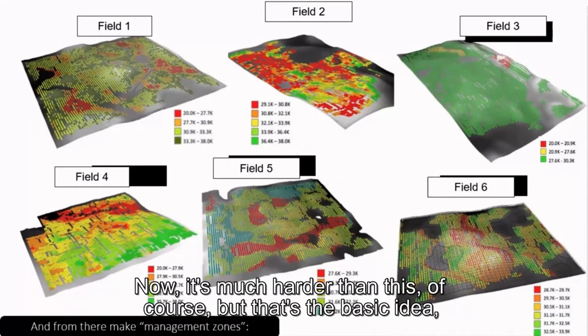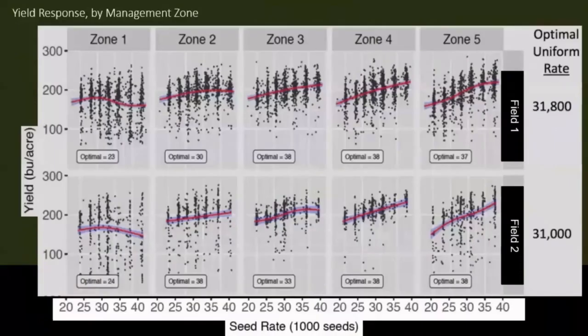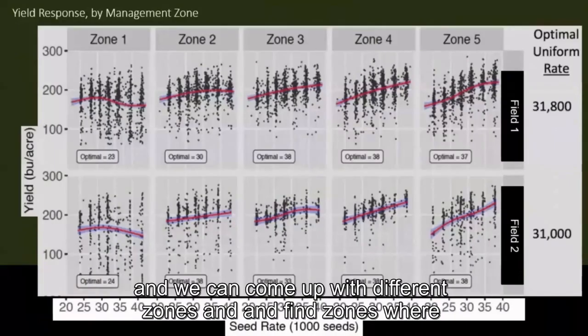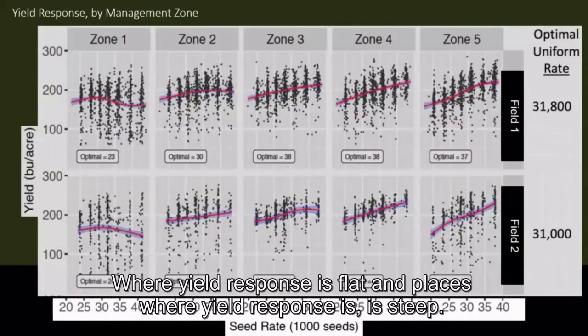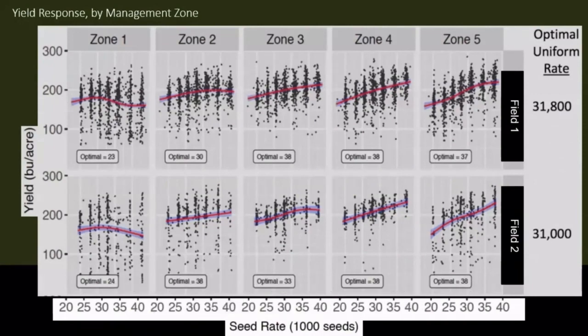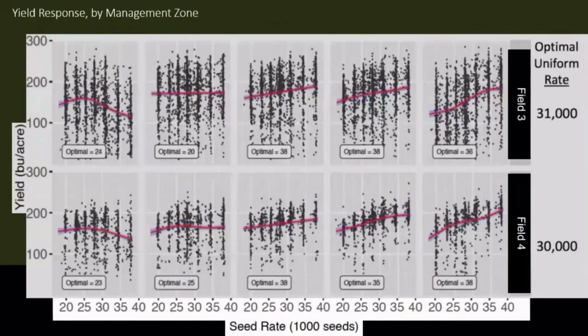Now, it's much harder than this, of course, but that's the basic idea. And we can come up with different zones and find zones where things are not very productive, where yield response is flat, and places where yield response is steep. And so, of course, you want to put more seeds here and less seeds here.